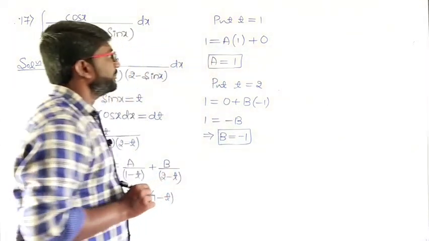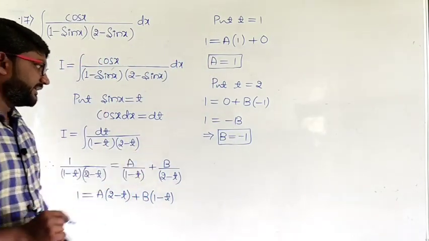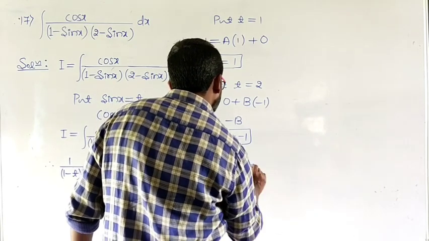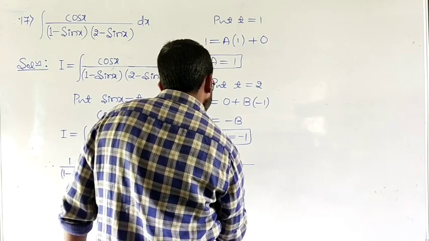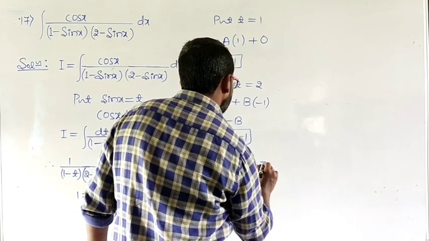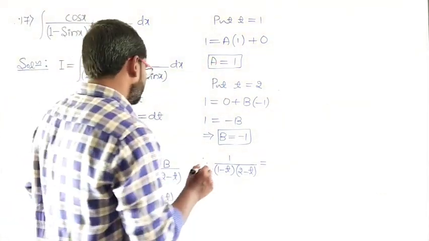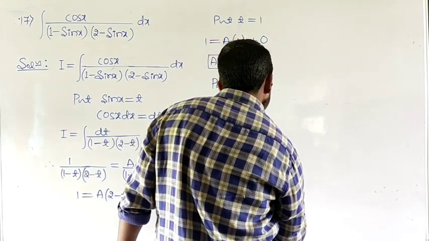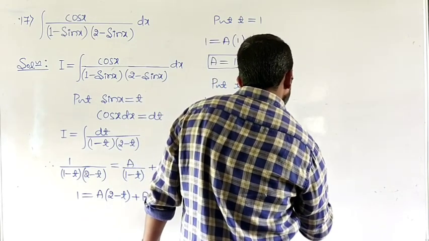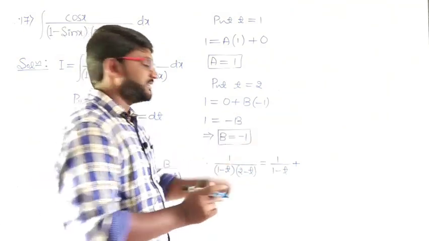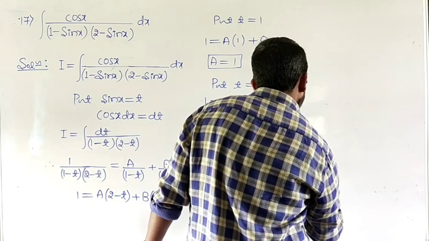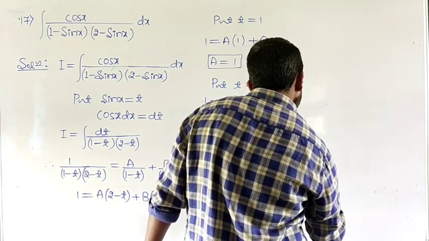So let us replace the values of a and b in this particular equation. Therefore 1 divided by 1 minus t into 2 minus t, which is equals to a value it is 1. We get 1 divided by 1 minus t. Then plus b value it is minus 1. Plus into minus it is minus. So I write minus here. Minus 1 divided by 2 minus t.